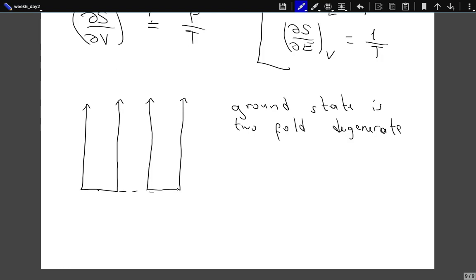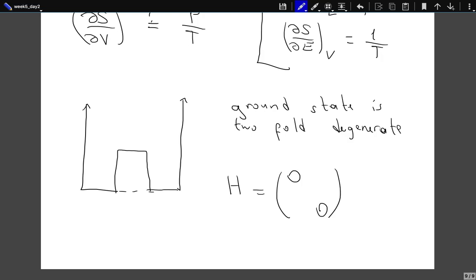In a realistic system, these wells do not go to infinity. You have at most a barrier. Let's assume we restrict ourselves to the Hilbert space of these two ground states. The Hamiltonian will be a 2 by 2 matrix. Let's say the ground state energy is 0; I can always shift my energy so that the ground state is 0.